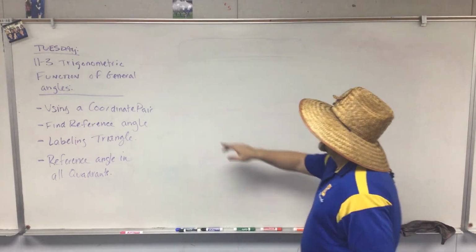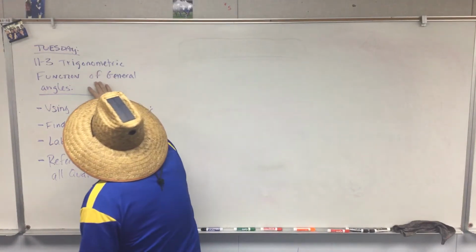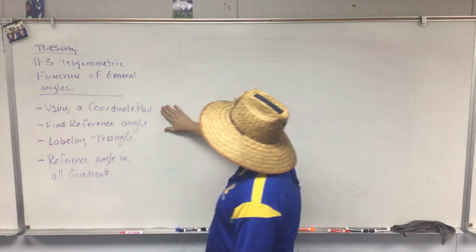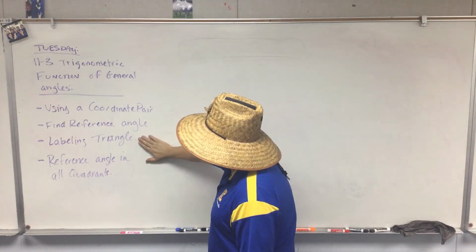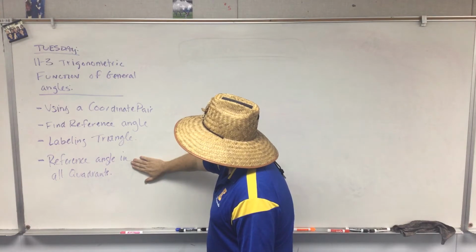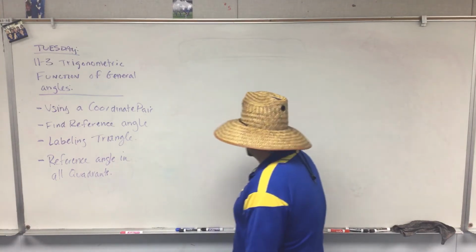All right, guys. So today, 11.3 trigonometric functions of general angles. We're going to talk about using a coordinate pair, figure out how to find a reference angle, label the triangle, and then the reference angle in all quadrants.